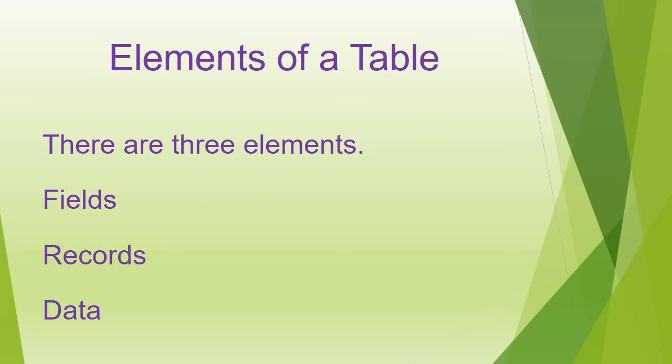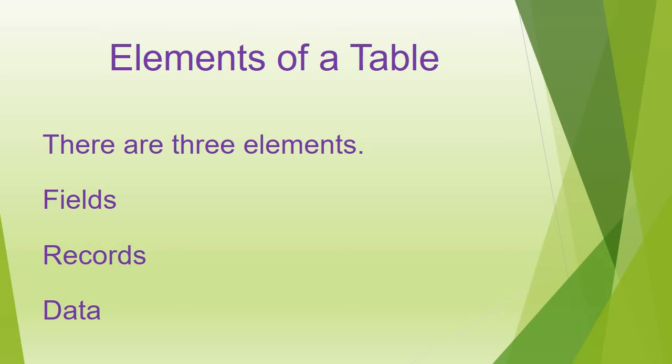Elements of a table. What are the elements? There are 3 elements. First one is fields, second one is records, and third one is data. In the previous class I told you fields represent columns.